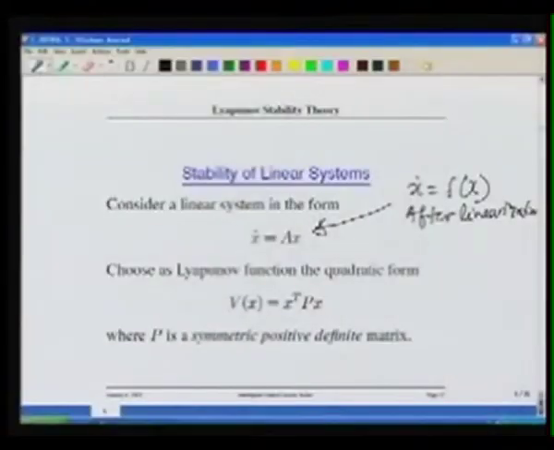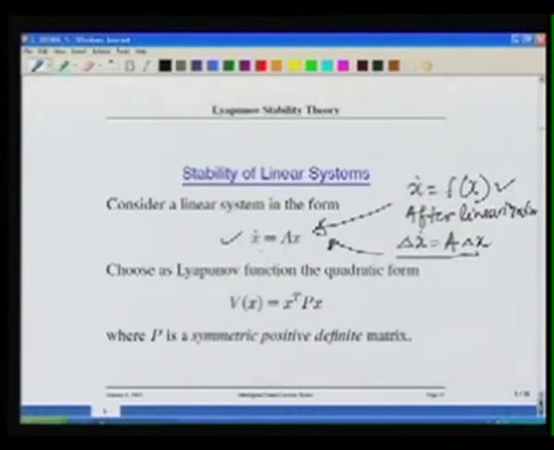In linearized dynamics we just make our symbols very simple. The linearized system is actually delta x dot equal to A delta x, but for convenience we represent this equation as x dot equal to A x. This is our original nonlinear system, and this is the linearized system.